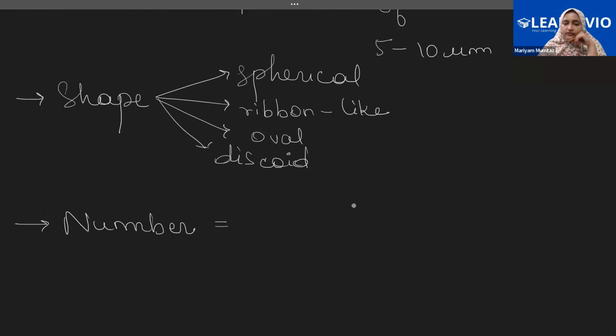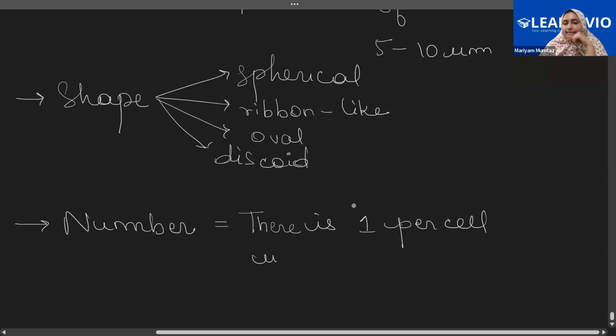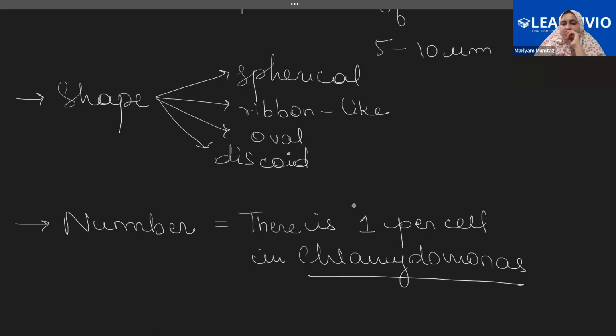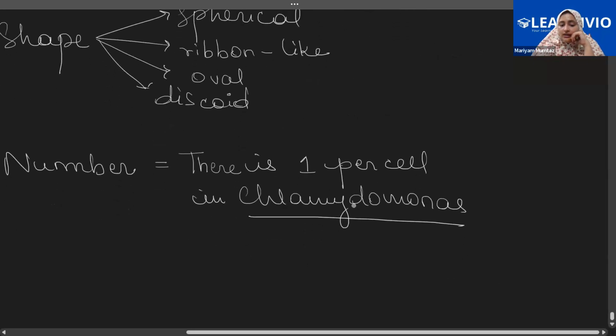Chlamydomonas is an example of which type of organism, students?